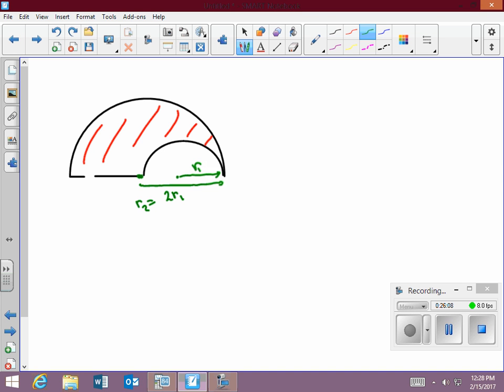No, they're giving us 10.5 centimeters. Giving us this length is 10.5 centimeters. So that's R2, right?